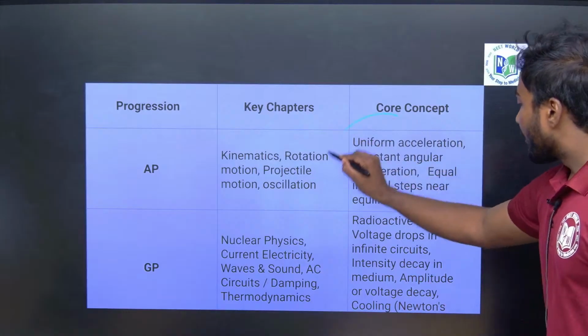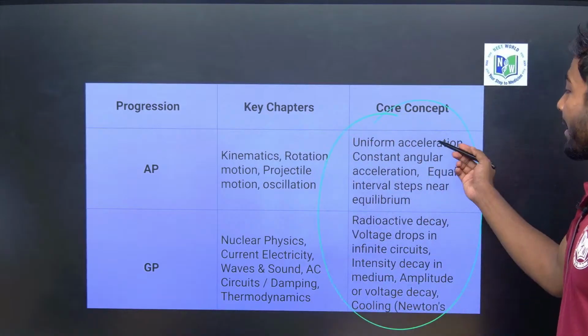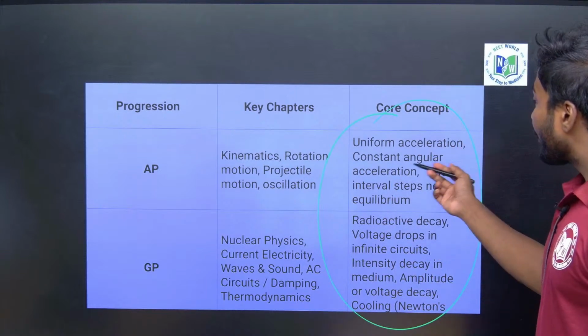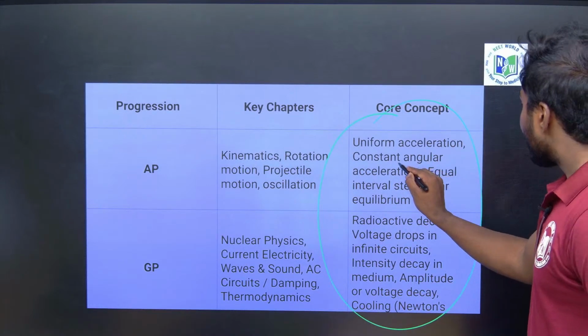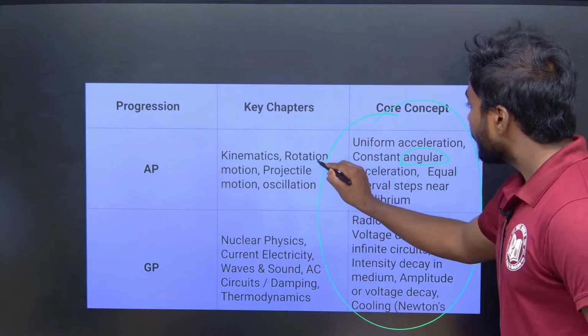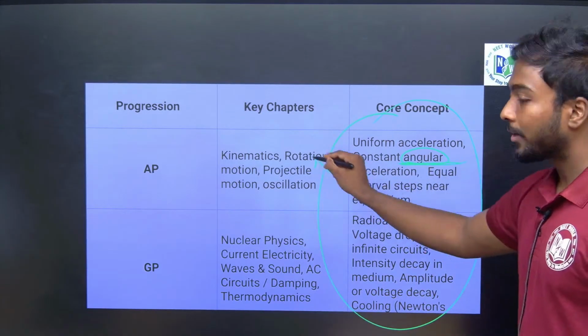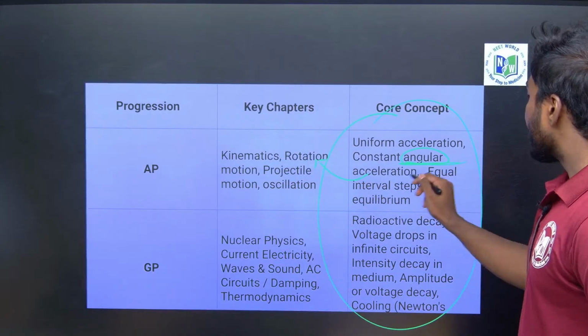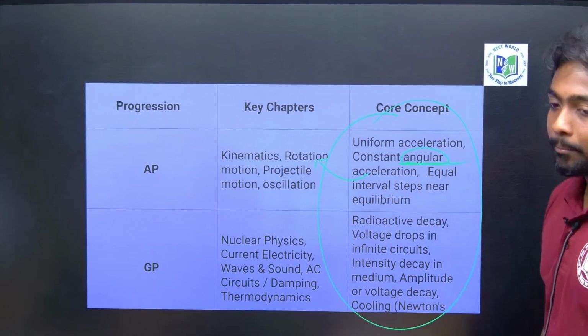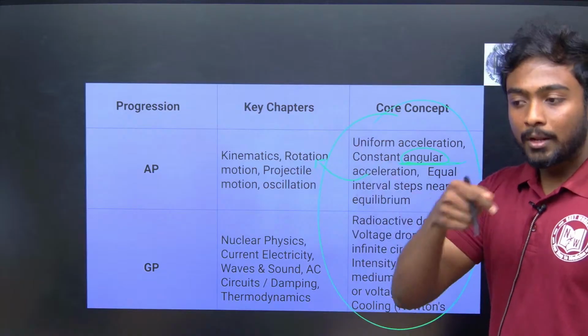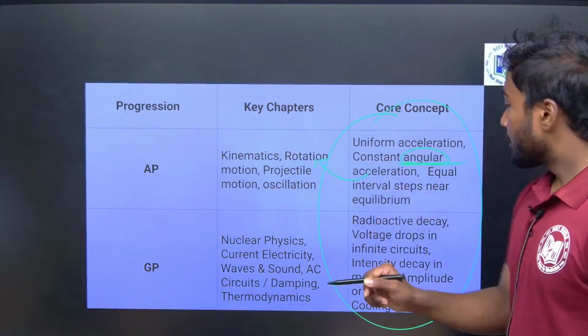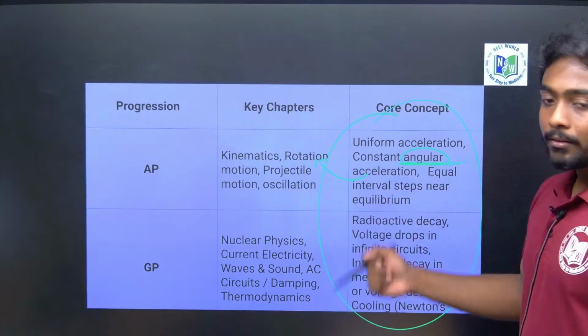The concepts where we use them, especially uniform acceleration and constant angular acceleration. Constant angular acceleration comes under rotational motion, since the term angular is there. Next, equal interval steps near equilibrium, like in oscillation, where the pendulum travels, no, many times.